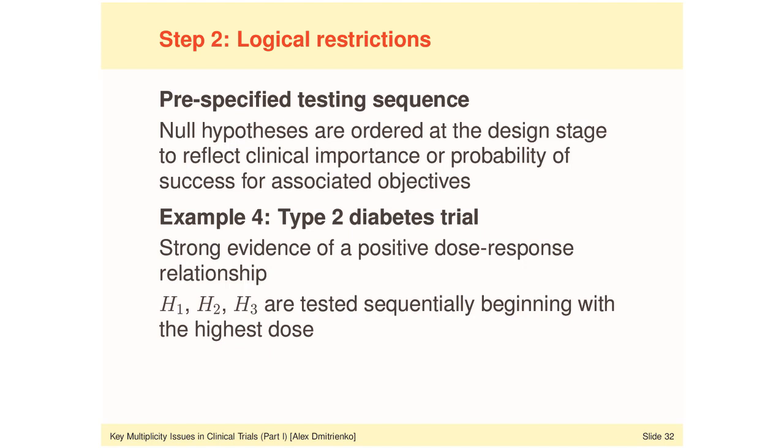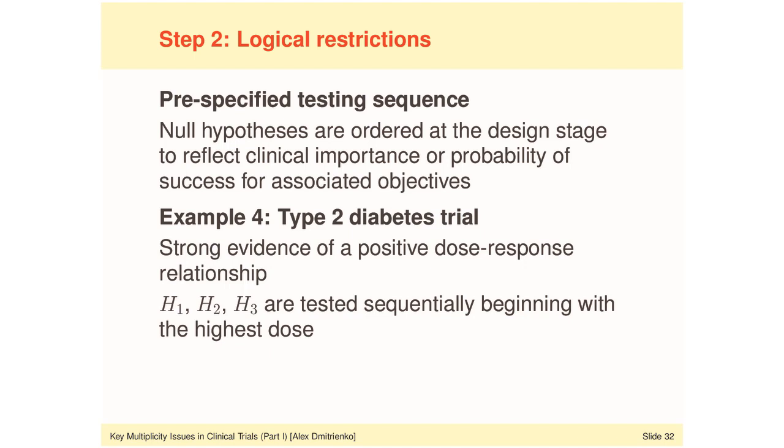Example 4, based on the diabetes trial, serves as a good example. In this case, for example, let us suppose that we're planning a phase 3 trial and we have the results from the recently conducted phase 2 trial. There is strong evidence of a positive dose-response relationship in this study. And given this information, knowing that the effect size is likely to be maximized at the high dose, we place the associated null hypothesis H1 at the beginning of the sequence.